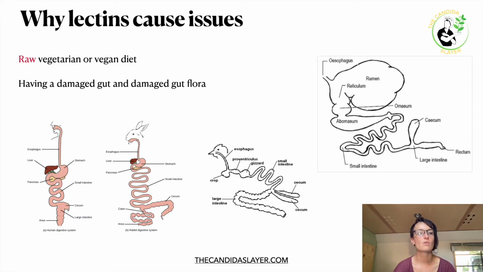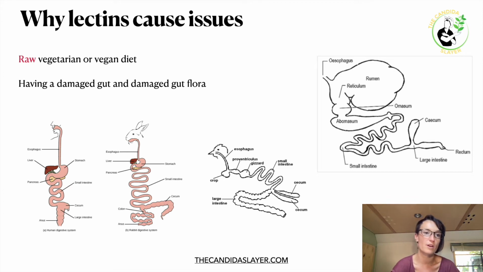Okay, so we can eat seeds, but only if we prepare them correctly, as we will talk about in the next slides. The problem with lectins is mainly when they are raw. Cooking is a very important process to eliminate lectins. So you will have issues if you eat lots of plant foods every day.